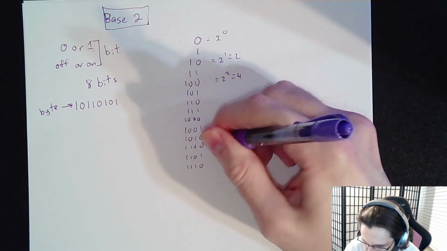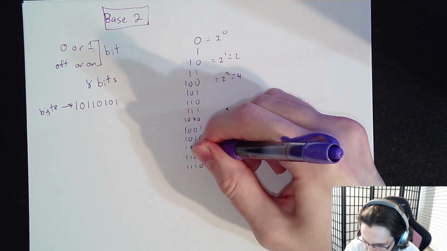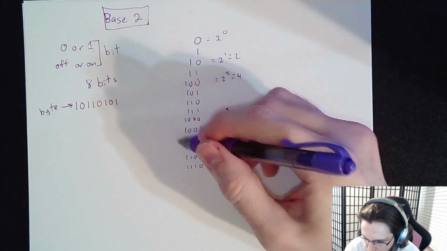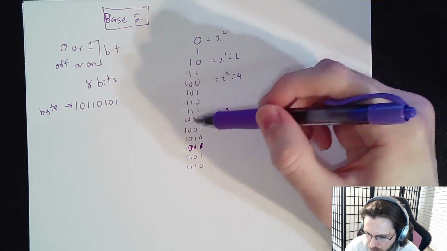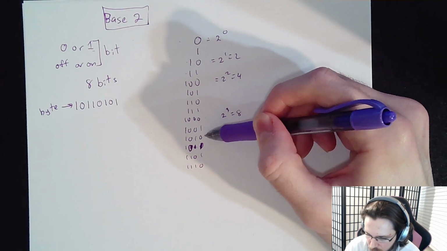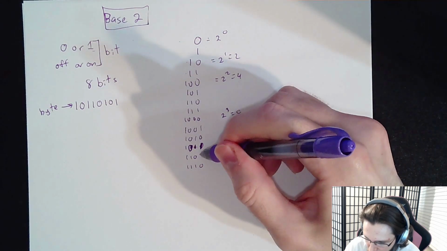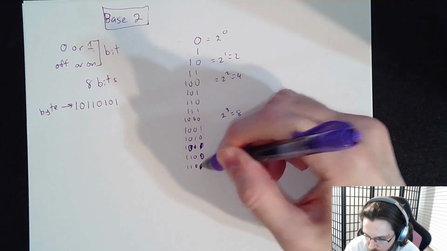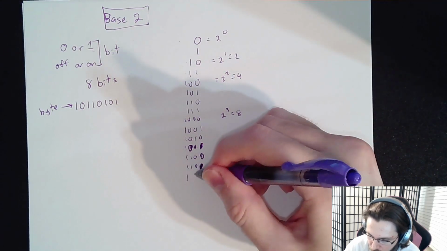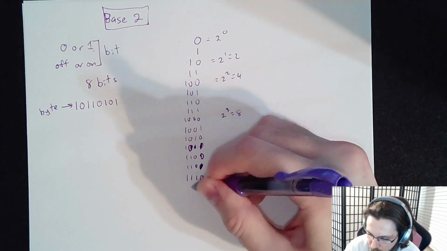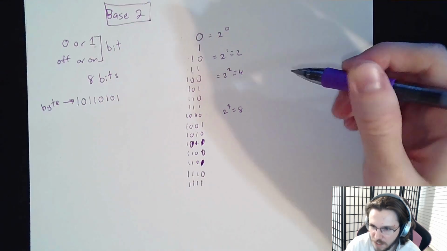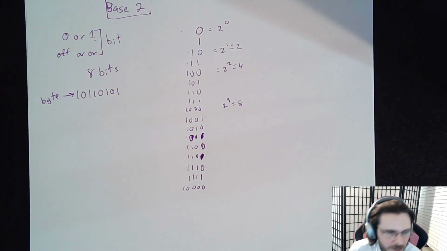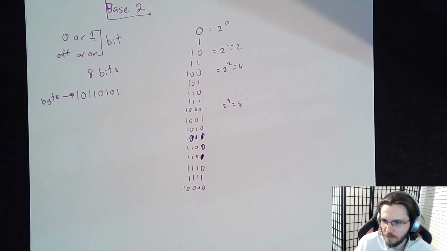Okay, so this is 8, 9, 10, 11, 12, 13, and then 14, 15. Finally, we did it. 16. 2 to the 5th power. Oh my gosh. It took forever to get all the way up to 16.